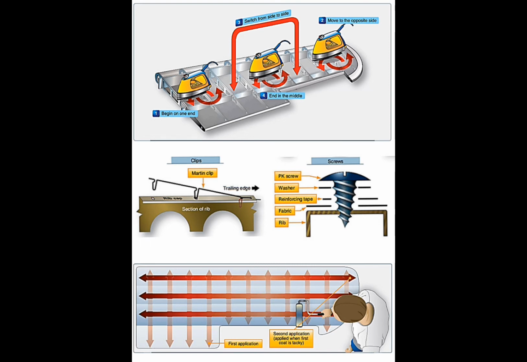The types of fabric used for covering aircraft are organic and synthetic. Name 2 organic and 2 synthetic types. Organic fibers are cotton and linen.